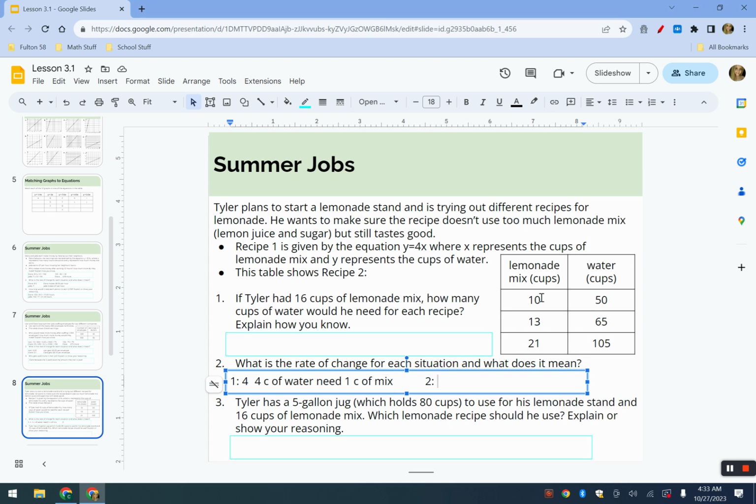So our cups of lemonade mix times what would give us our cups of water, and that would be 5. So then we need 5 cups of water, need 1 cup of mix.